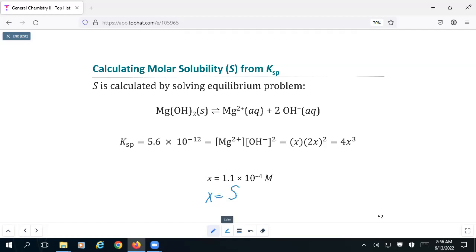And the key to that problem is it's basically set up like any other ICE table that you have done, only there is no denominator. You set it up, you solve for X, and this time the X, in addition to helping you find the equilibrium concentrations, the value of X itself is the molar solubility.